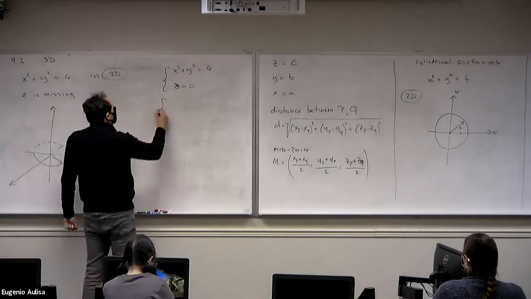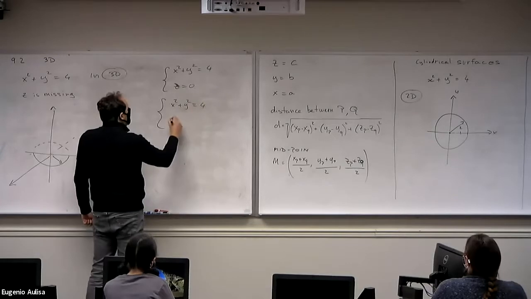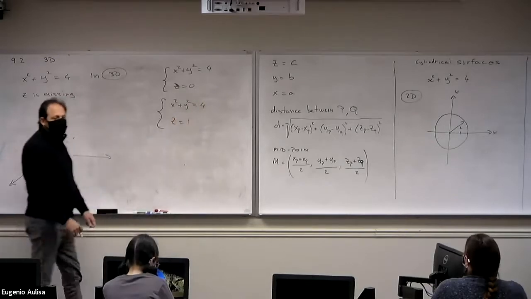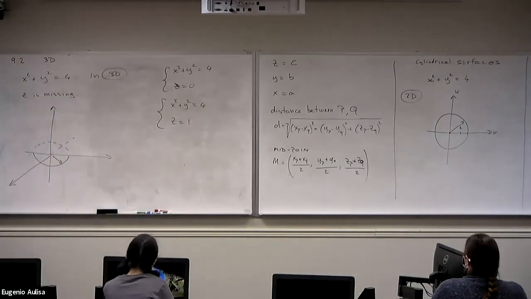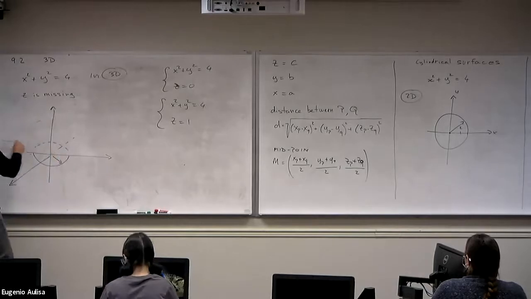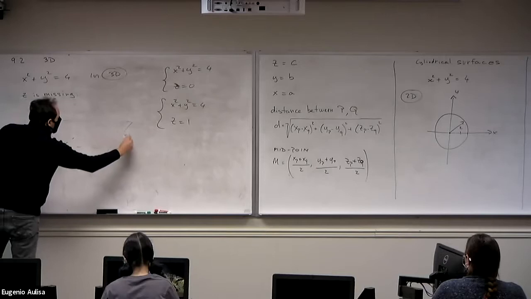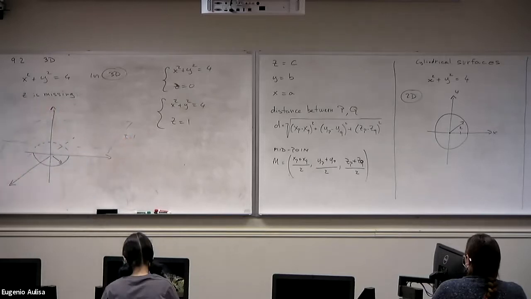Similarly, I can say, let's see what happens when I slice this surface with the plane z equals 1. What is the plane? We said that it is a horizontal plane parallel to the floor with the intercept of 1.